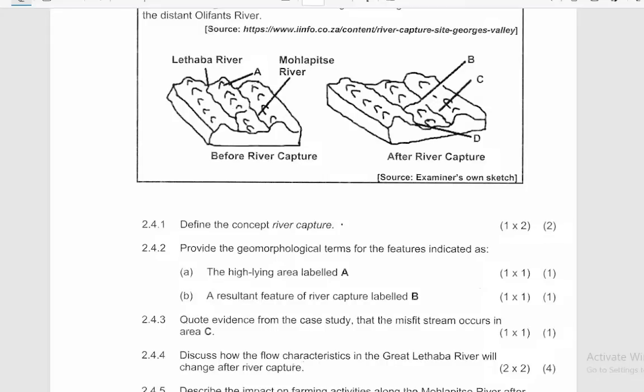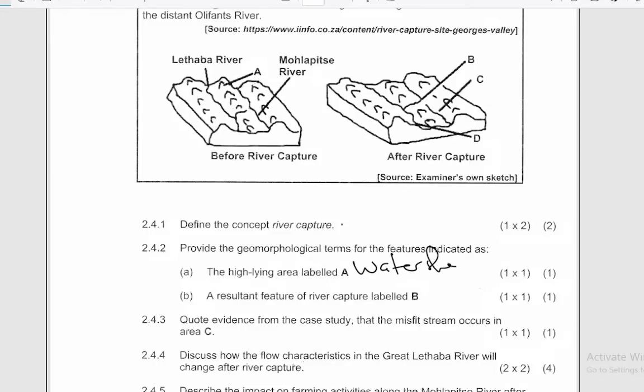A highlying area which separates two distinct river systems, or which splits two drainage basins, is called a watershed. So that is a watershed.